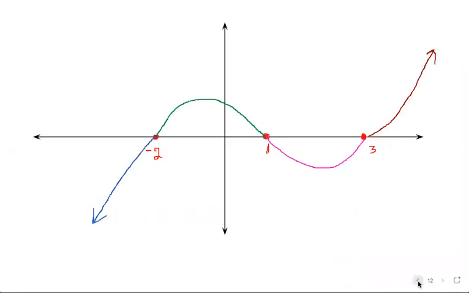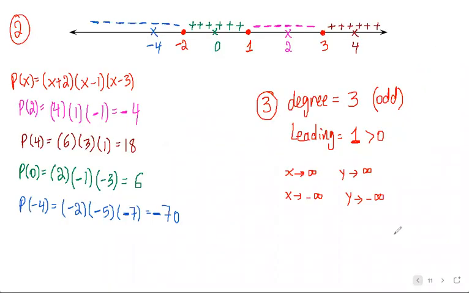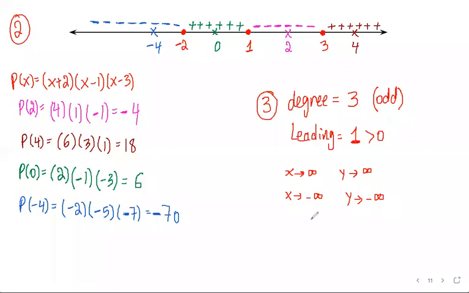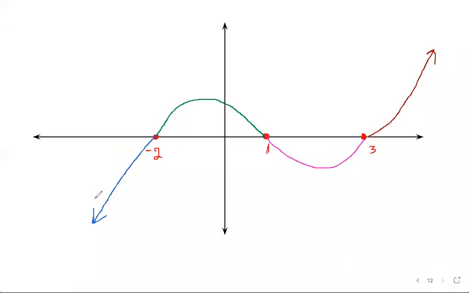And the end behavior is achieved: when x goes to infinity, y goes to infinity, positive. And from the negative side, when x goes to minus infinity, y goes to minus infinity, so it goes down. So this is my x-axis, and this is my y-axis.